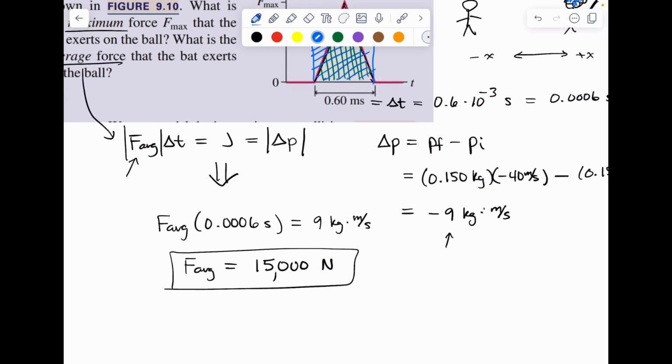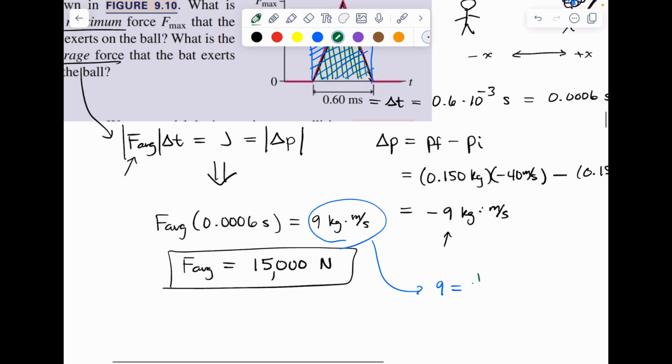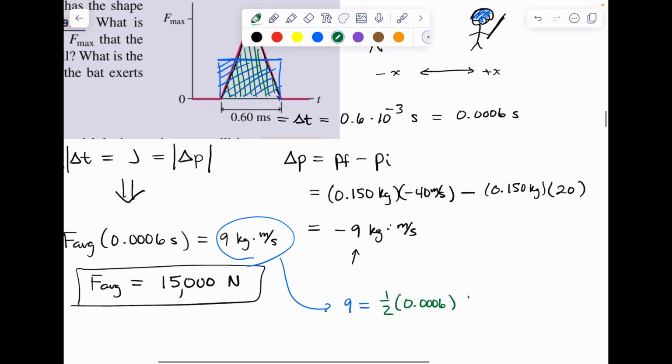So what that means is the impulse of 9, that's the blue rectangle, should equal the green triangle. So 1/2 times base, 0.0006 seconds, times the F max.